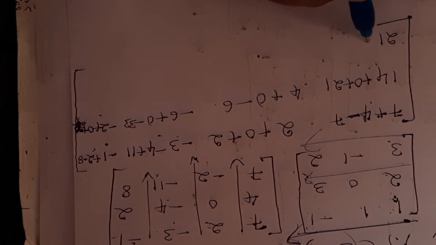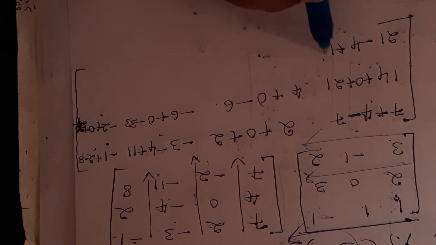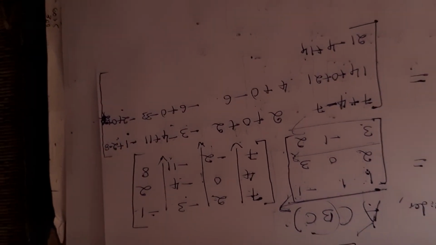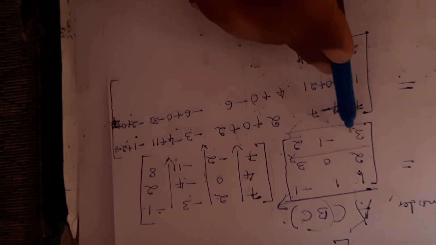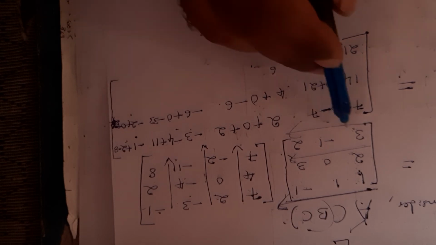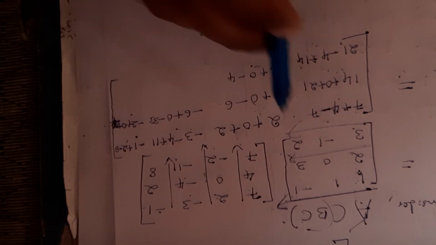So then last row is this. 3 sevens are 21, minus 4 plus 2 sevens are 14. Next 3 into 2, 6, plus 0 minus 4.